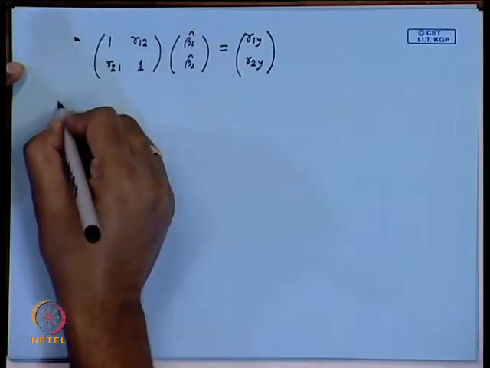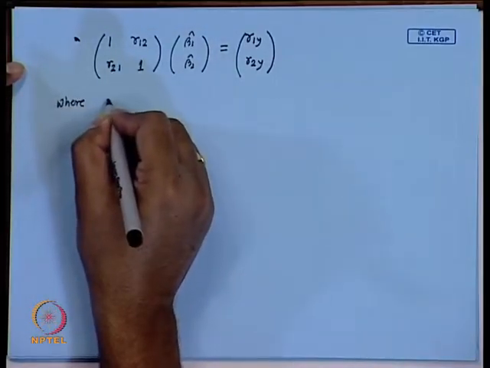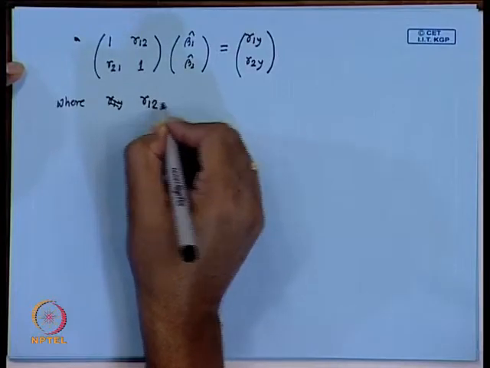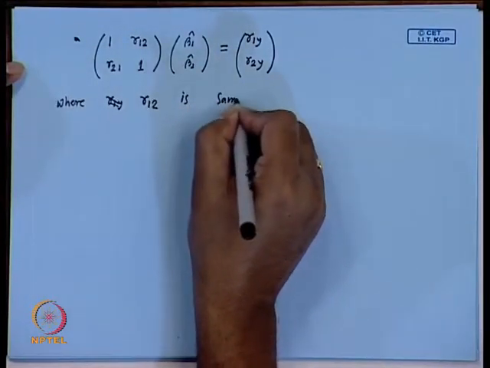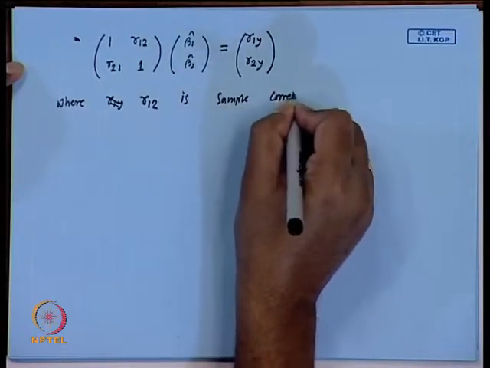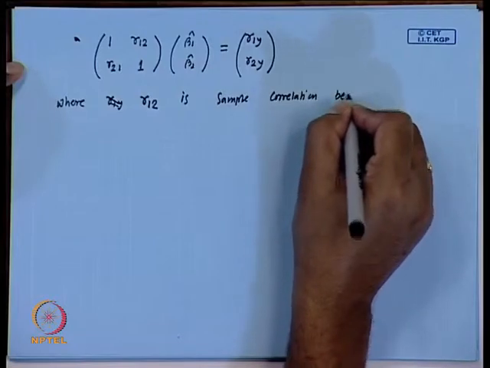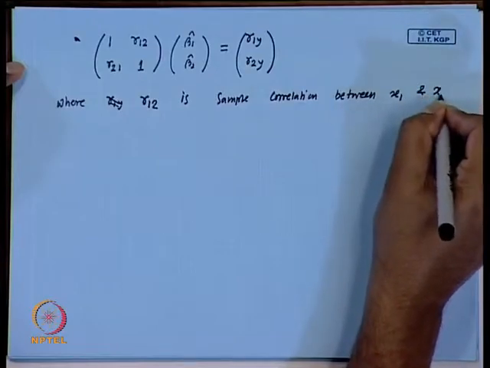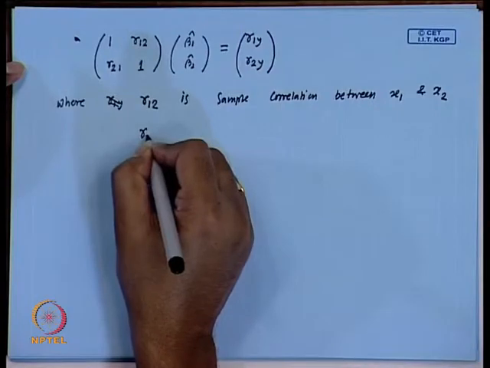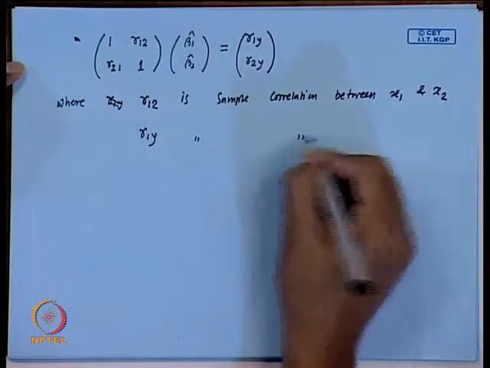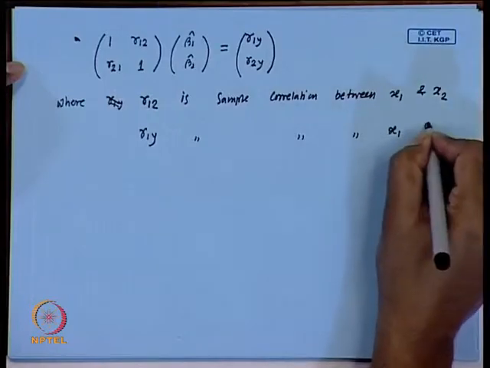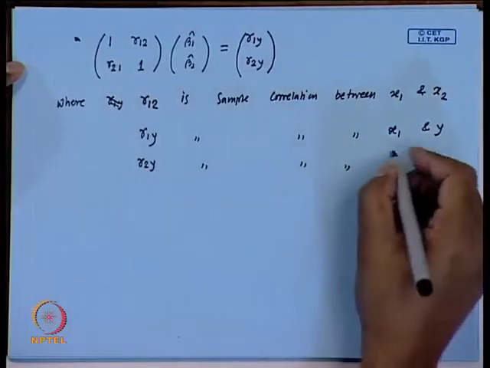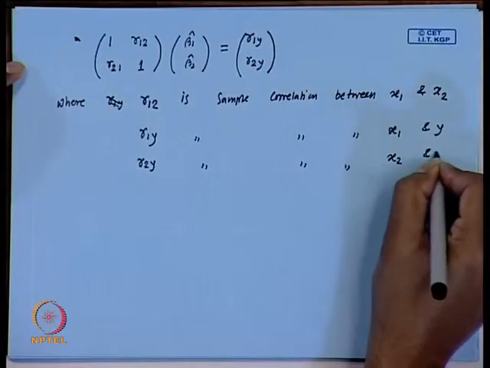Well, I already mentioned that r_12 is the sample correlation between x1 and x2, r_1y is the sample correlation between x1 and y, and similarly r_2y is the sample correlation between x2 and y.